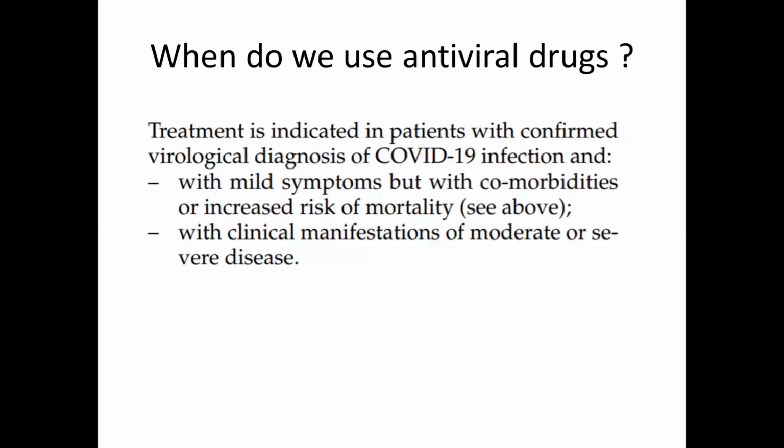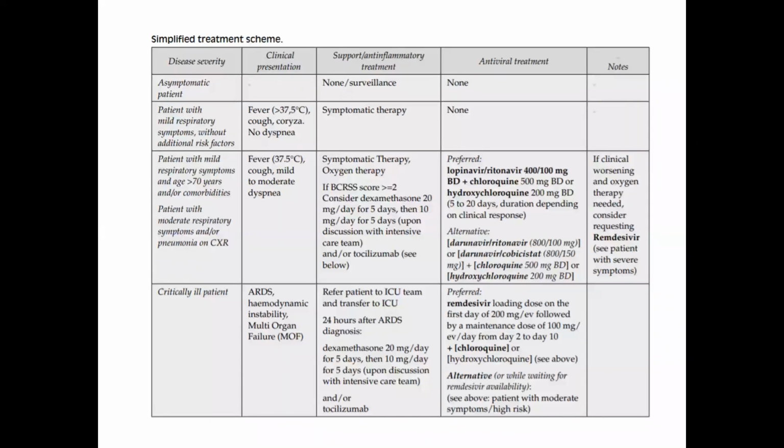So most of the patients who are asymptomatic and patients who are post-symptomatic may really not need drug therapy as demonstrated by this Italian group. And what they have as a simplified scheme of treatment and some of the drugs we're going to look at is that you have no antiviral therapy for the asymptomatic and patients with respiratory symptoms that are mild.